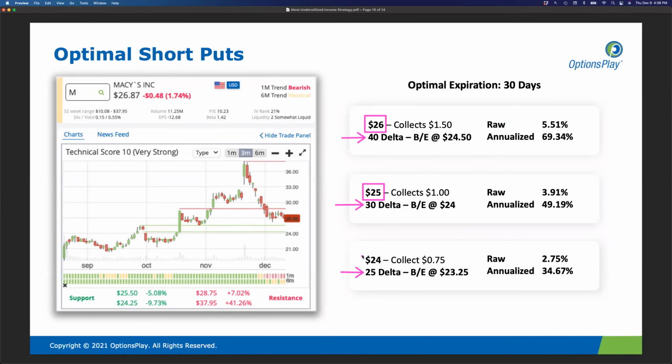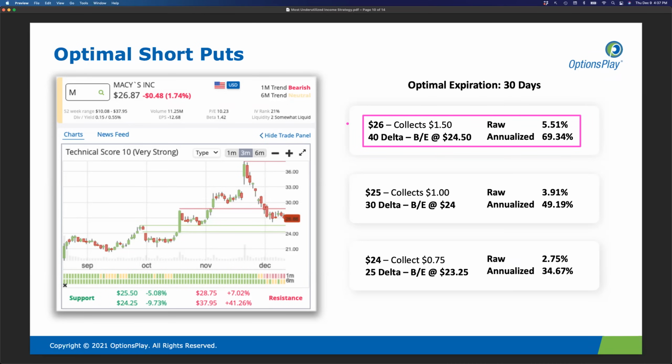The $24 strike price is a 25 delta, meaning there's only a 25% chance that the stock will be below $24 at expiration. Effectively, the lower the strike price you choose, the lower the probability you will own the stock. So why do we choose this high delta strategy on this short put option?